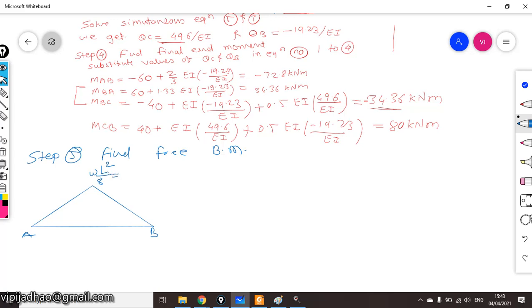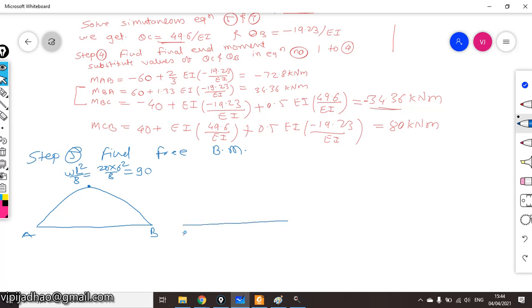W is equal to 20, so 20 into 6 square divided by 8, so this will be equal to 90 kilonewton meter. This value, the free bending moment, will be 90 kilonewton meter for span AB.